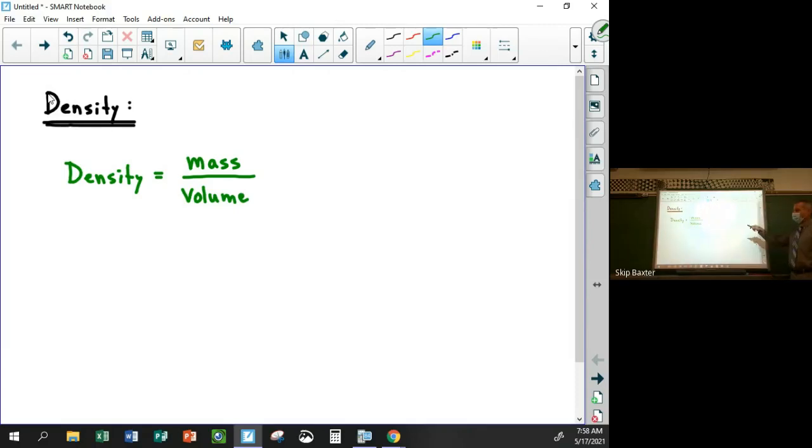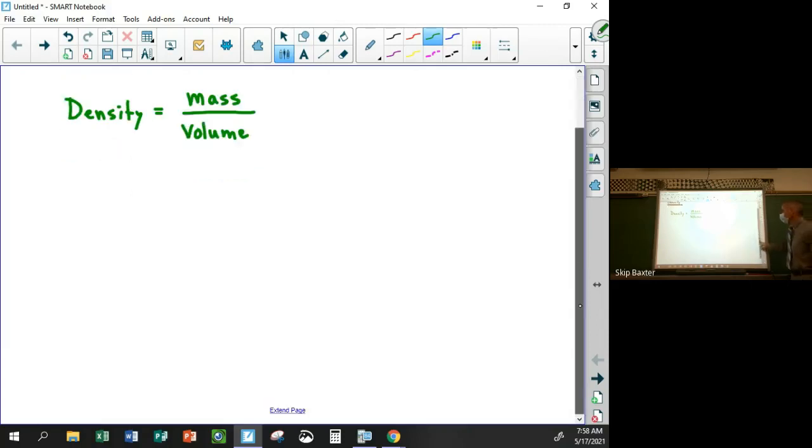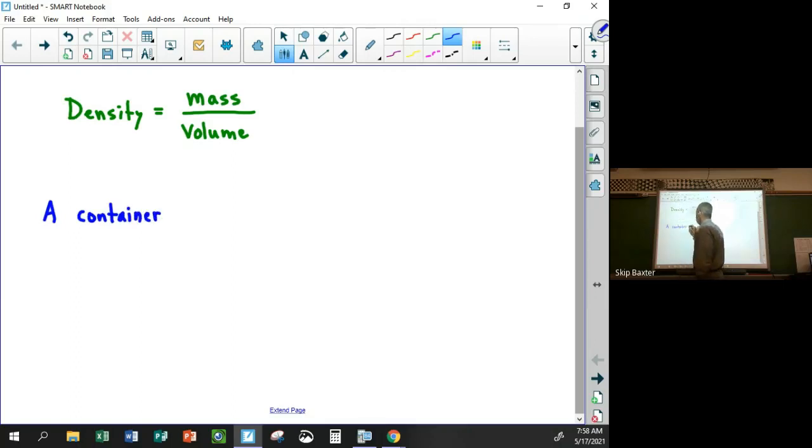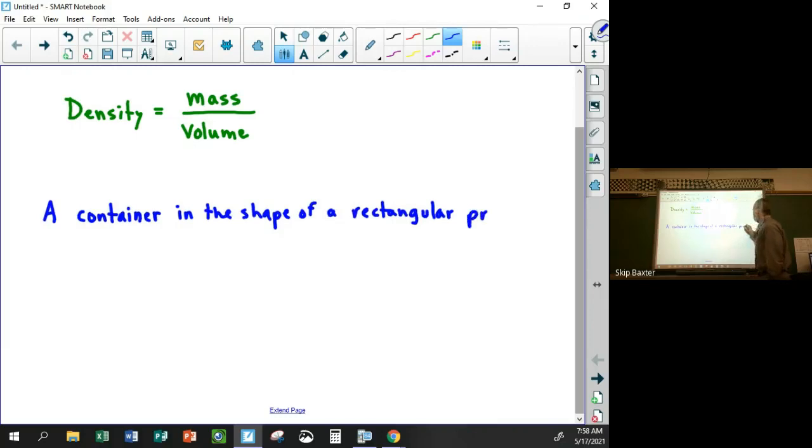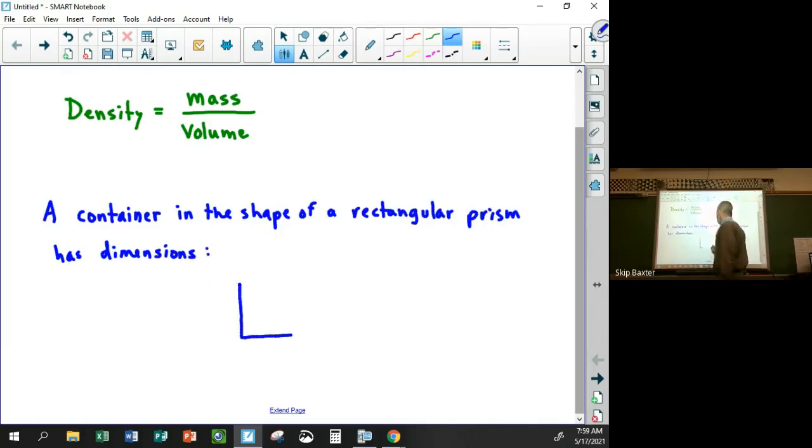So in these problems, they're going to give you 2 out of those 3 things, and you just have to find the missing thing. For example, they might give you mass and volume. You might say, for example, a container in the shape of a rectangular prism has dimensions... draw it.